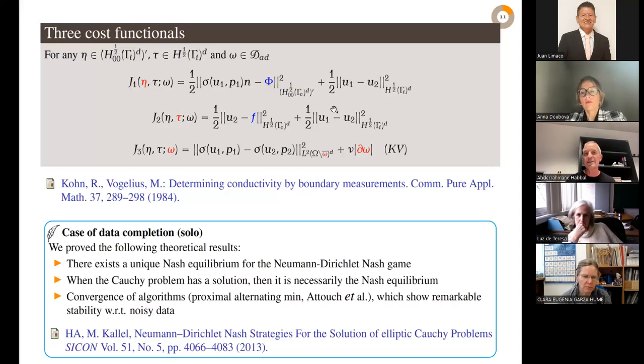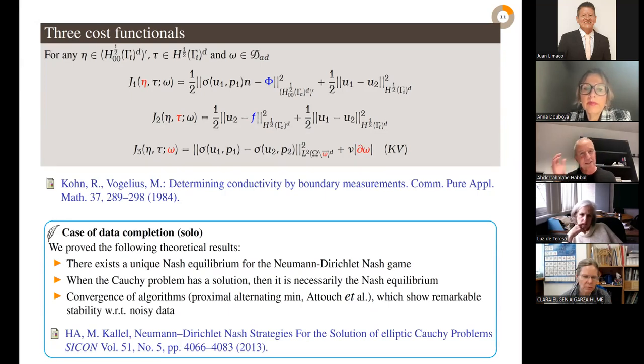And this yields what is called a potential game, and to say it quickly, potential games are not equivalent, but are very close to optimal control problems. So we can have recourse to optimal control theory to have existence and uniqueness.